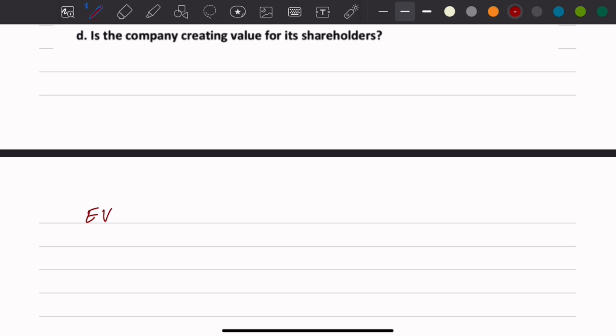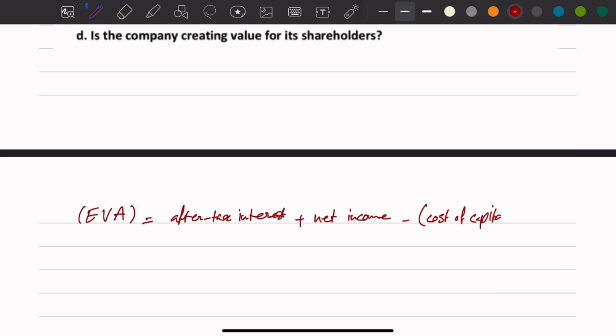EVA, or economic value added, equals the after-tax interest plus net income minus cost of capital multiplied by the total capitalization.